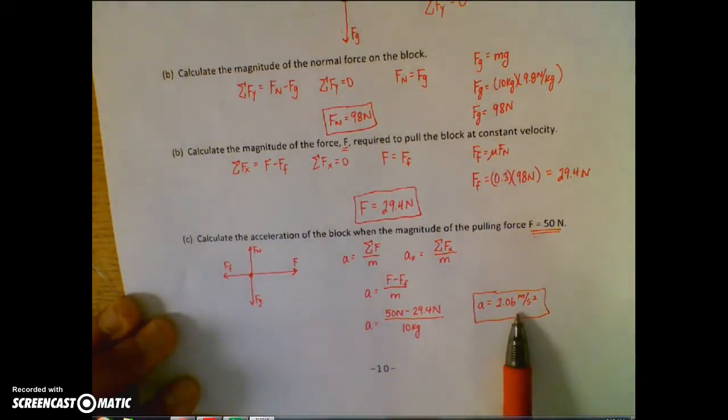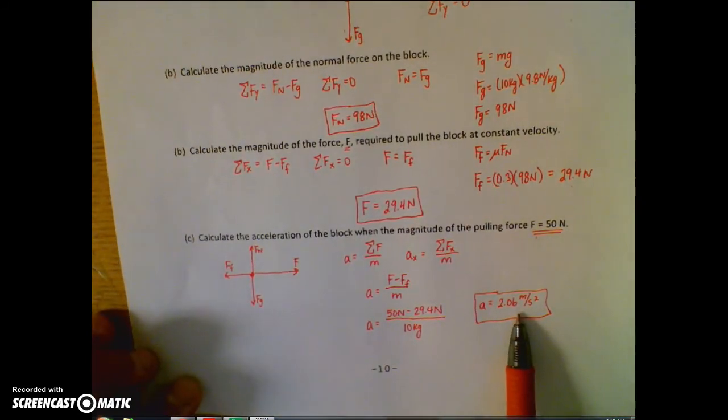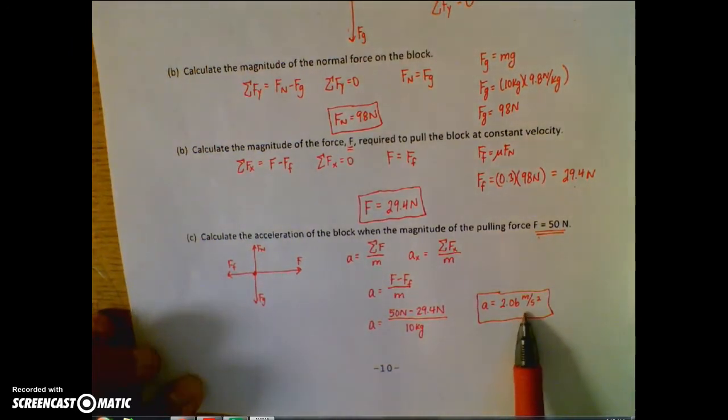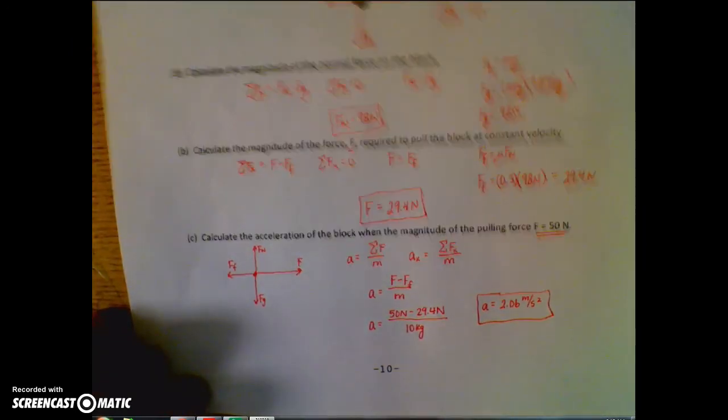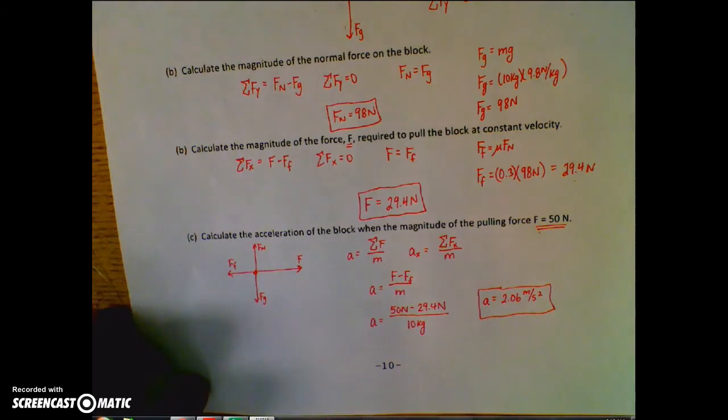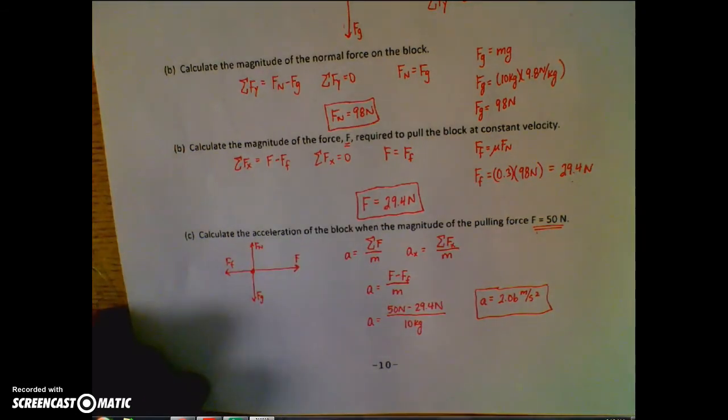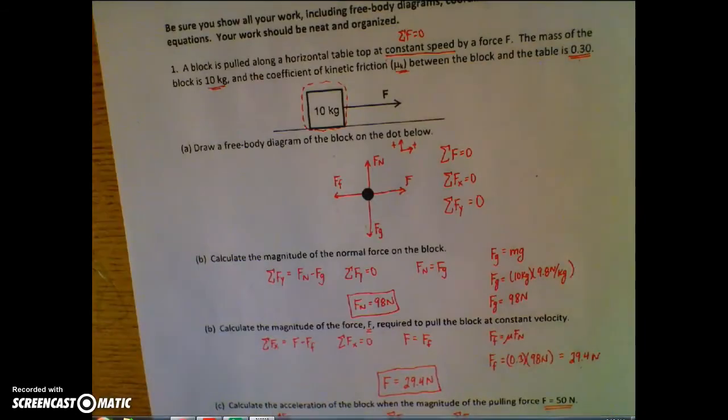Okay, and using that acceleration we could determine how far an object traveled in a specific amount of time, or how much time it took to reach a specific velocity, etc., given more information. Okay, so again, to review.